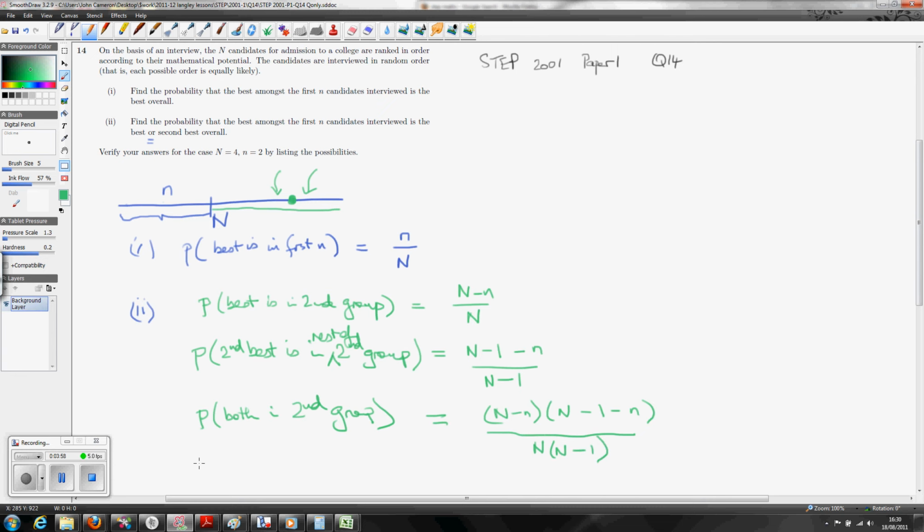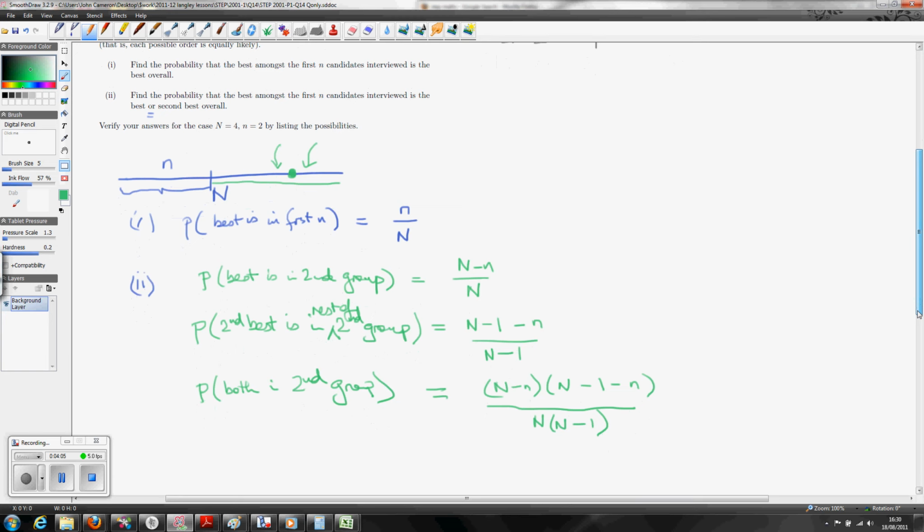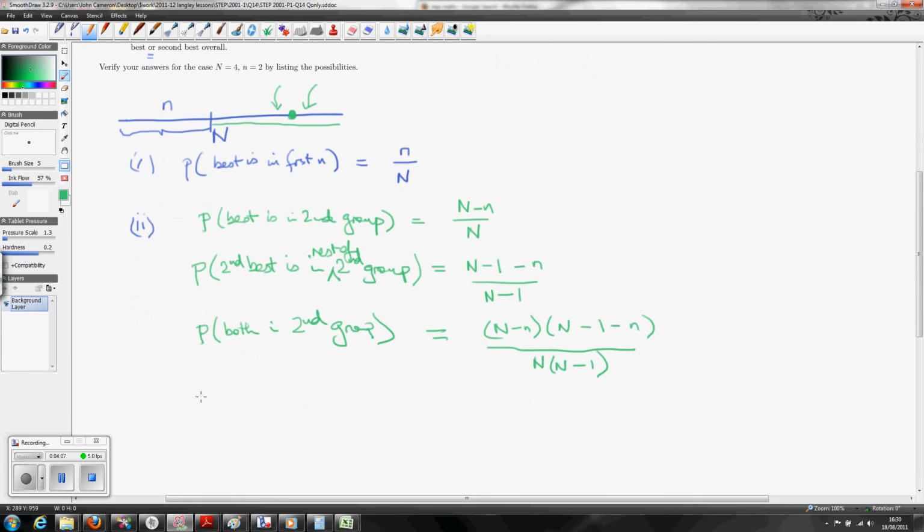And the answer we're looking for, the probability that at least one of them is in the first group, is 1 minus that thing. So the probability we're actually looking for, the probability that the best or the second best is in the first n, is equal to 1 minus all of that. I'm writing it out again.